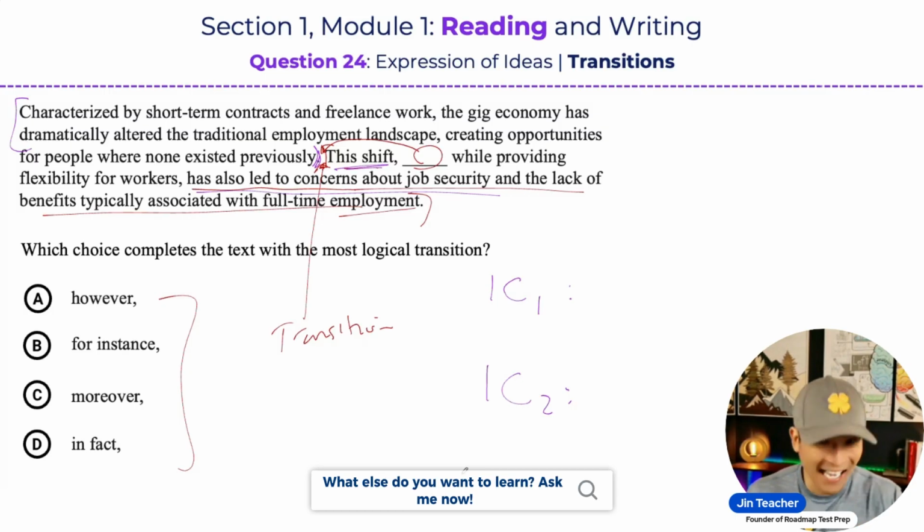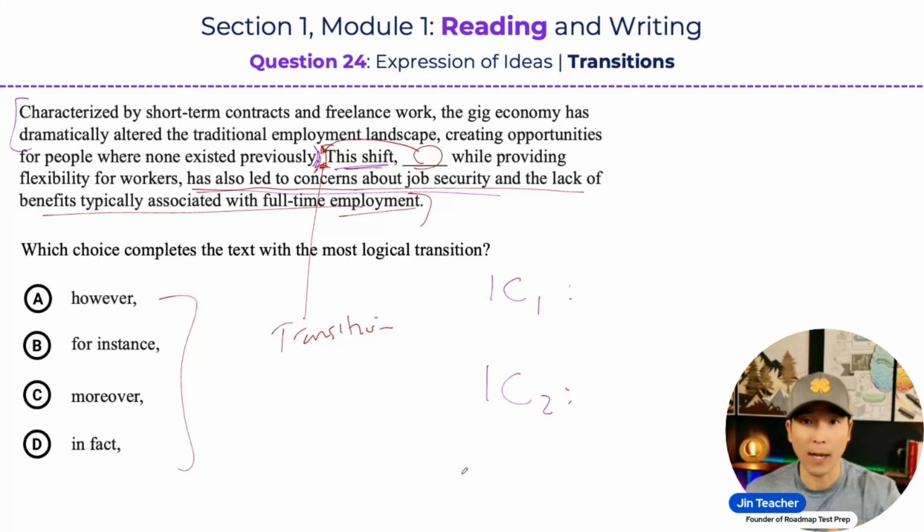You saw in my last video that I taught you the process of how to think about transition questions in a systematic way, working through them step by step, doing one thing at a time. First we understand the first independent clause, then we move on to the second independent clause.